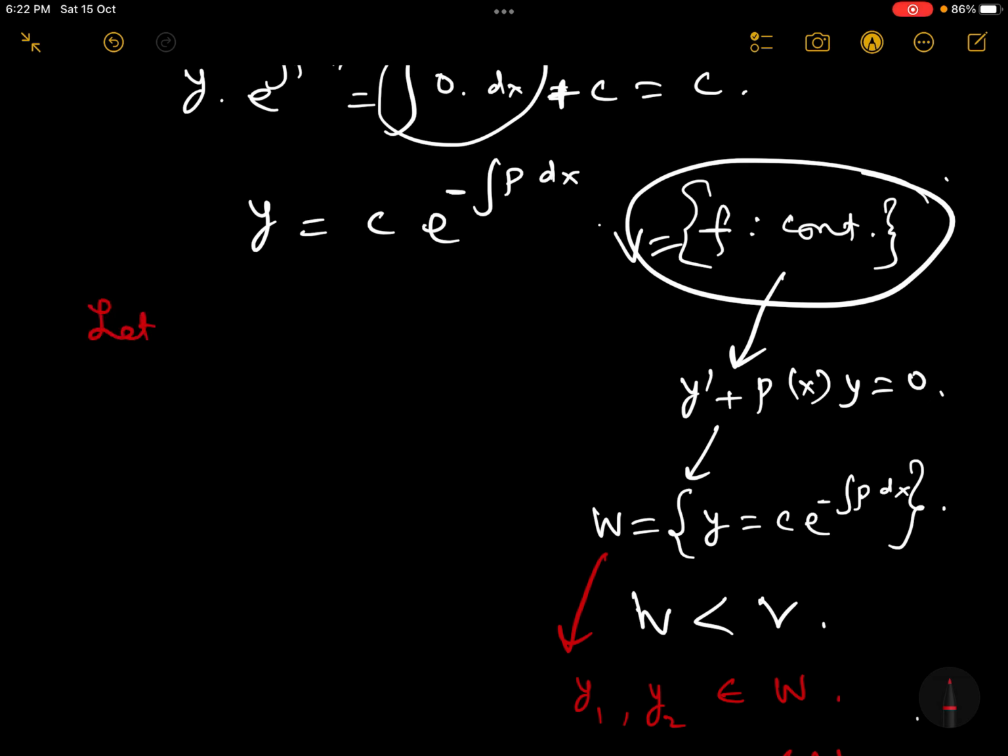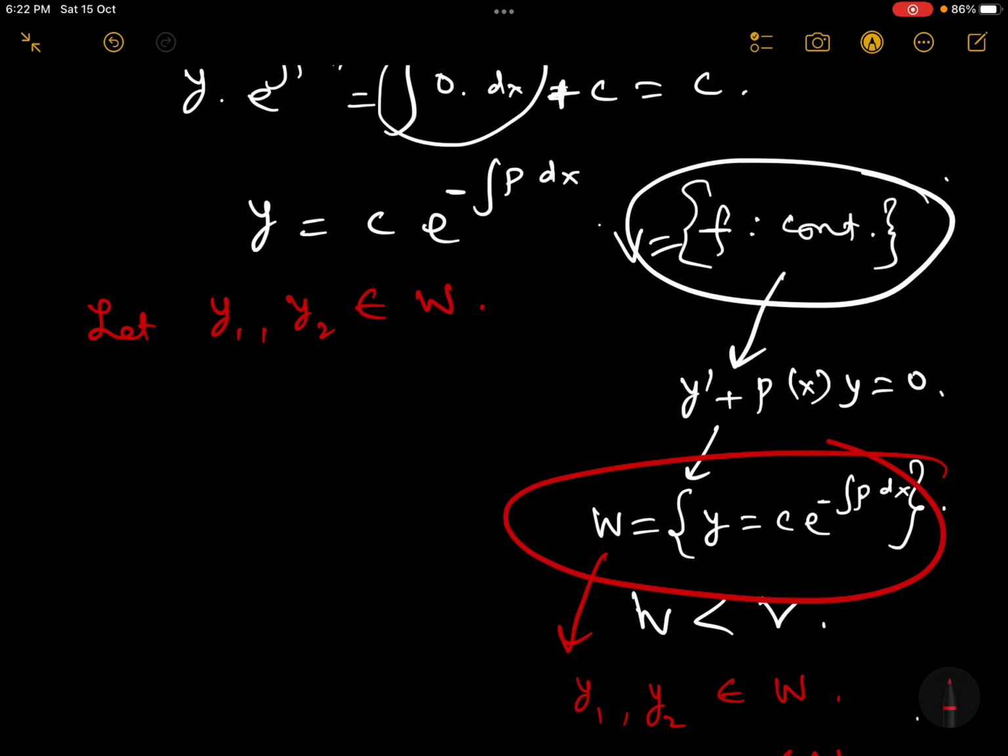Let y1, y2 belong to W, this solution set. Our solution set is this one. Since they are in the solution set, they should satisfy that condition: y1 prime plus p(x) y1 is equal to 0, and y2 prime plus p(x) y2 is also equal to 0.